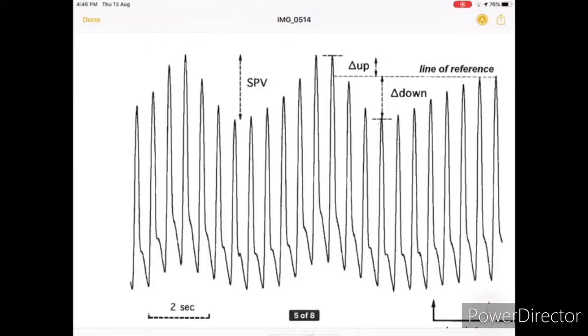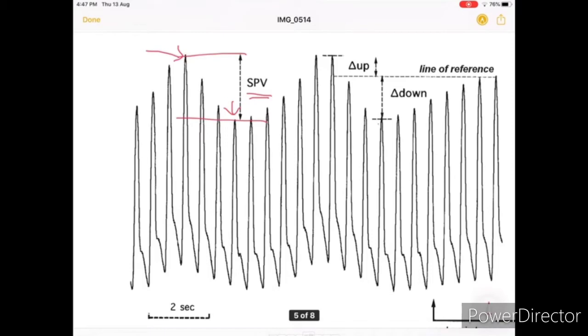Let's have a look at this graph representing how the pressures vary with respiration, that is the cyclical respiratory change. This here is the maximal systolic pressure, and this here is the minimal systolic pressure. Therefore, the difference between the maximal and the minimal systolic pressure is the systolic pressure variation.